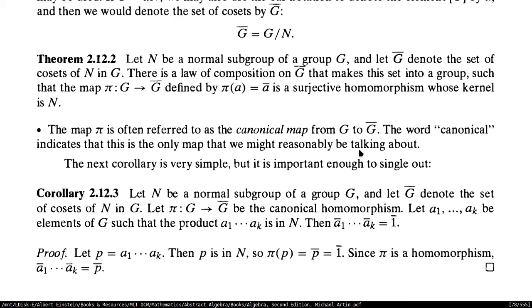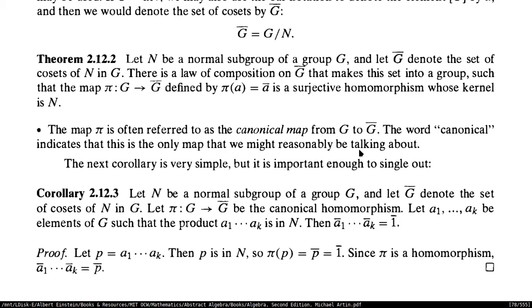Because phi is surjective, the group structure you have for G gets carried over to Y, right? Because it works like a homomorphism.